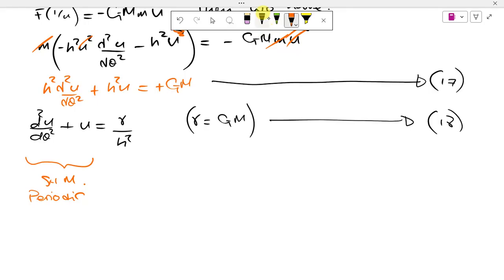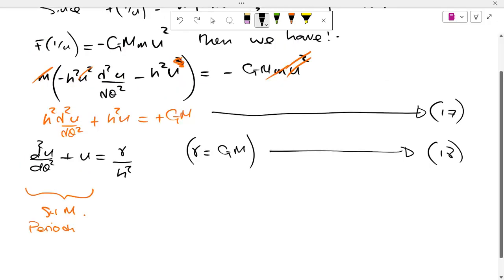So we can infer from this that, thus, we've established that it's periodic.